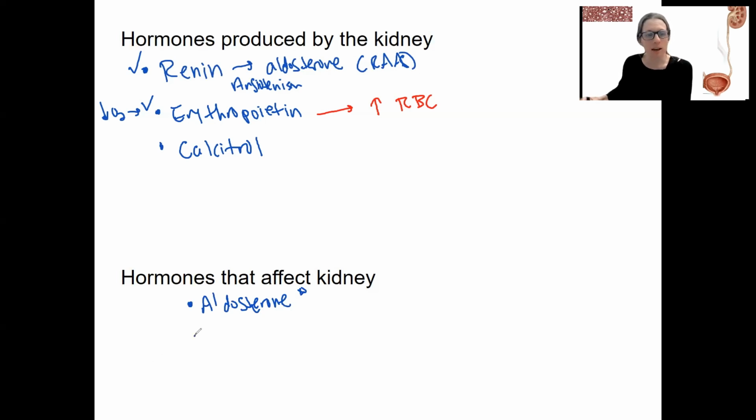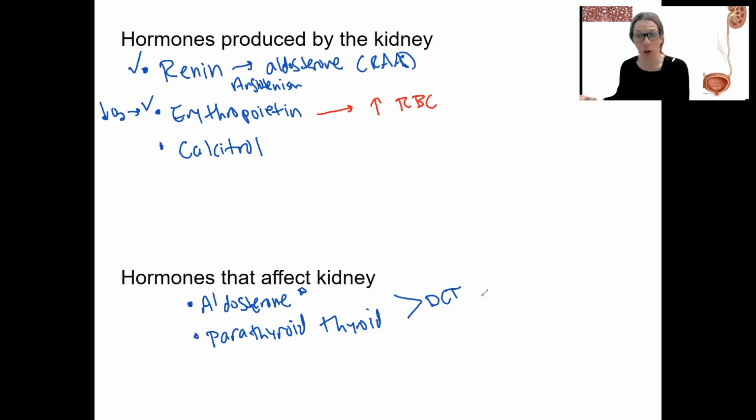We'll do it again. Then we've got parathyroid hormone. Talked about this last week as well. It also acts on the distal convoluted tubule in terms of calcium reabsorption when calcium levels are low. It acts on the kidney to help us reabsorb calcium. Important thing to be able to regulate. We've done that. Antidiuretic hormone, ADH or vasopressin.